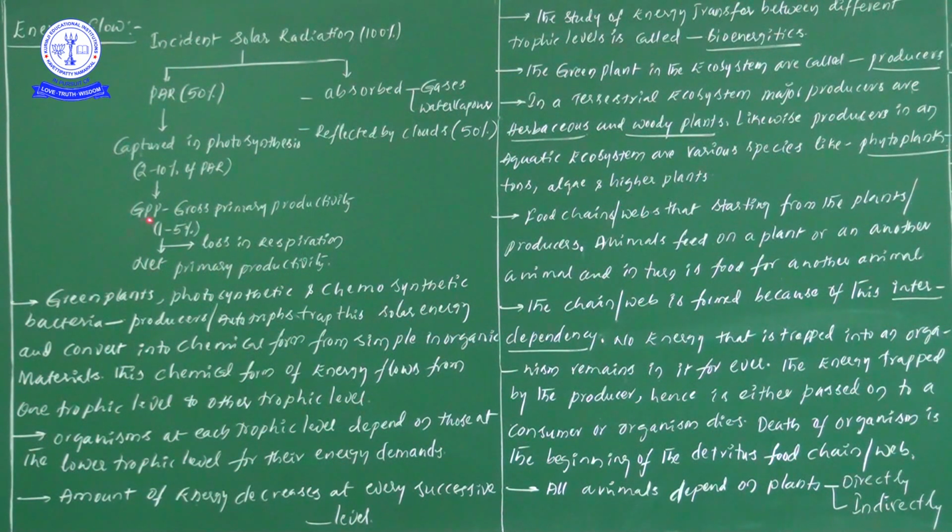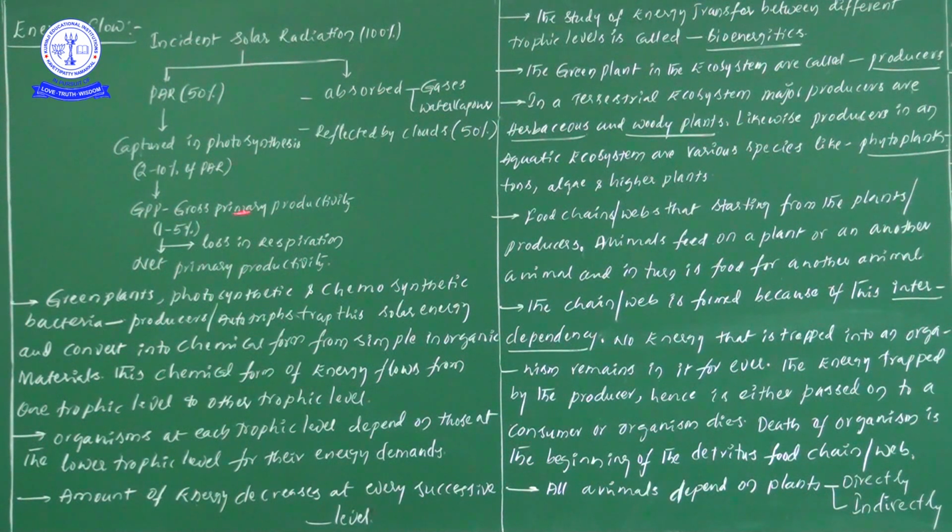Later, after the losses in respiration, the remaining amount of organic matter, or biomass, is taken as net primary productivity, simply NPP. That means GPP minus R, GPP minus R, gives the NPP.